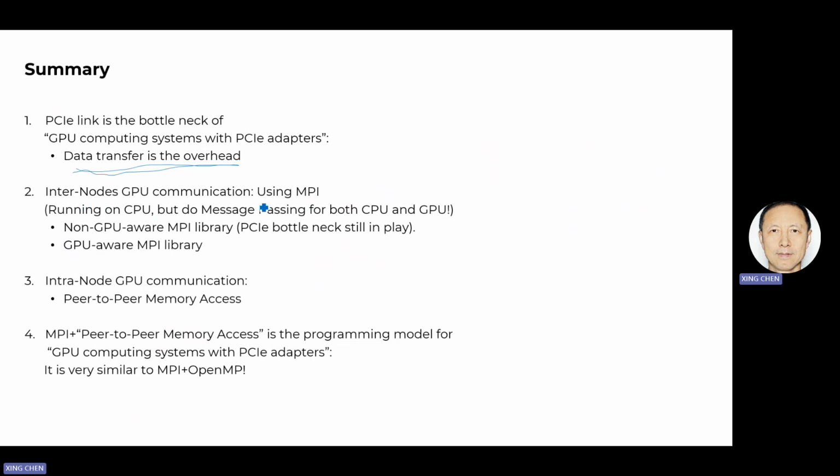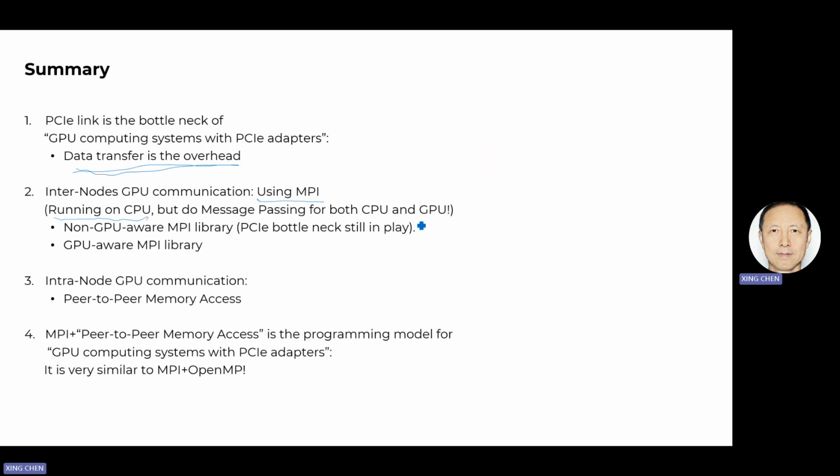And then for internal GPU communication, we are using MPI, but be careful here. The communication is for the GPU, but the calls to the MPI library will be executed by the CPU. So that's going to be the host program, which is going to deal with these MPI library calls, but the communication could be for the CPU and at the same time for the GPU.